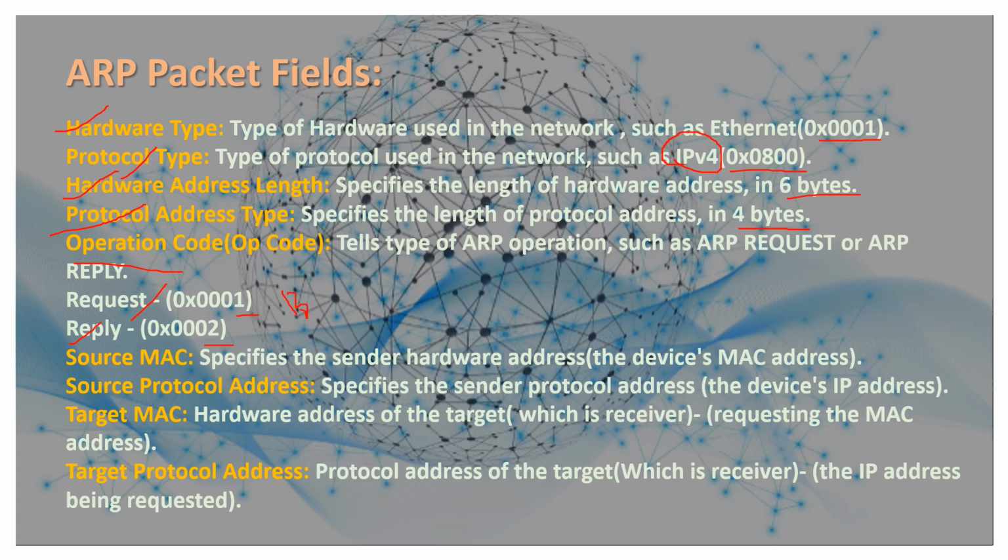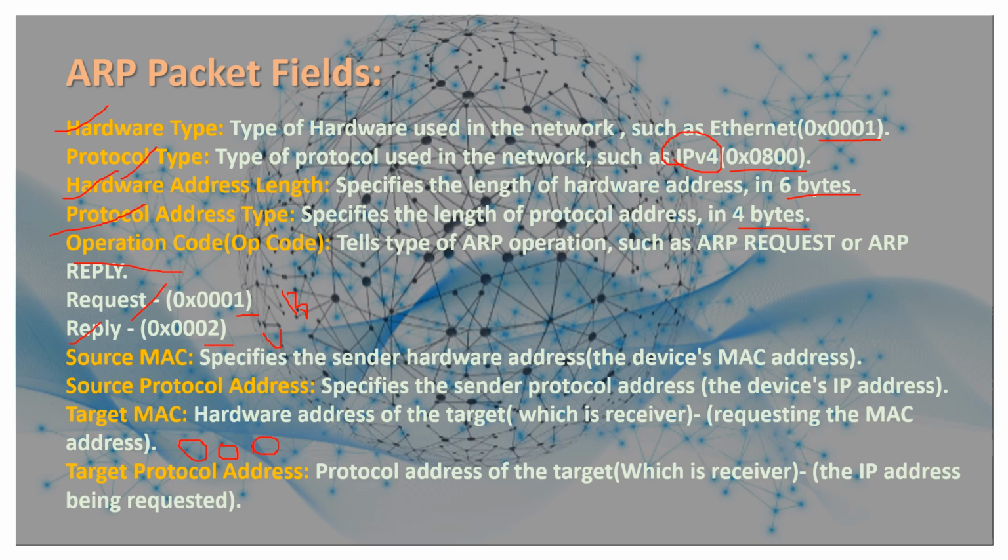and the response is unicast. Source MAC address, as we know, is the hardware address of the source. Source protocol address is the sender's protocol IP address. Target MAC address: because we are going to find the target MAC address, it's initially all set to 0 in the ARP header, not in the Ethernet header.